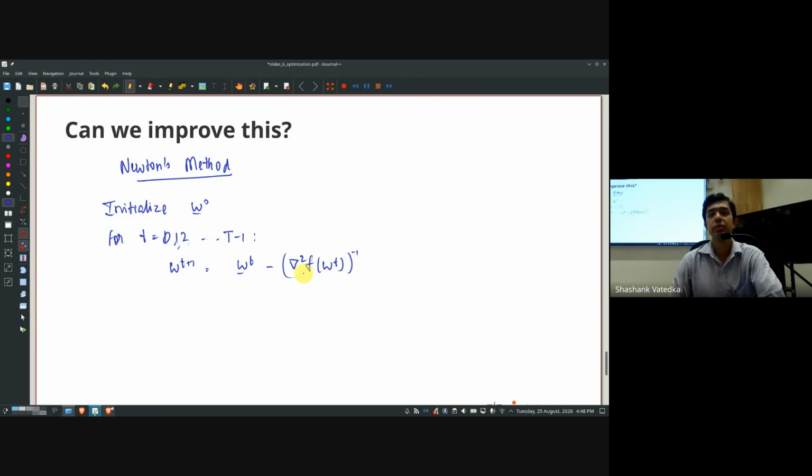Remember that the Hessian is a d by d matrix. This is multiplied by the gradient of f evaluated at Wt. Right? So this is some matrix. Let's call this H inverse.